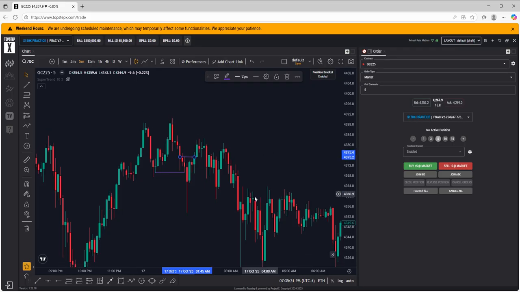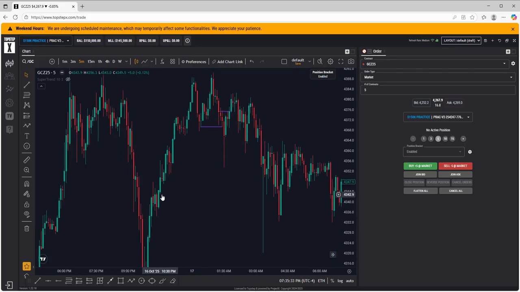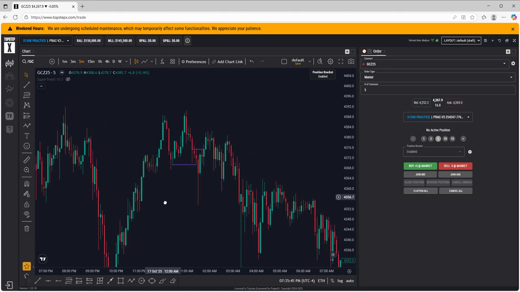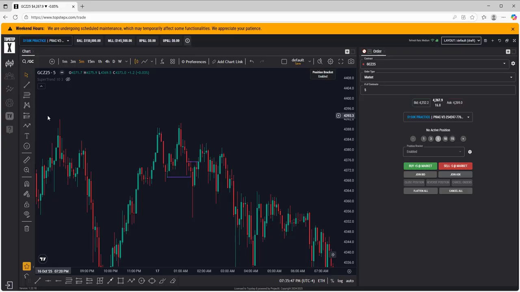First, we're in an uptrend: higher high, higher low, higher high, higher low, higher high, higher low, then a higher high and a break of structure. We're going to go in the order of our strategy. First, we identify structure.